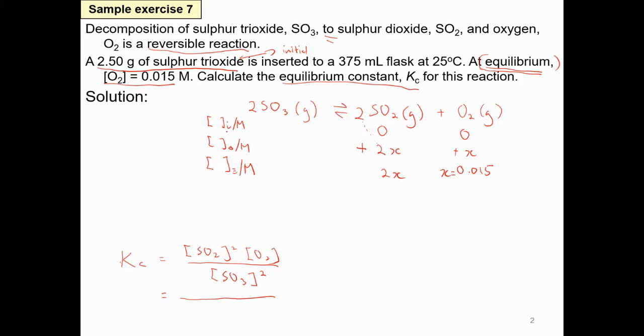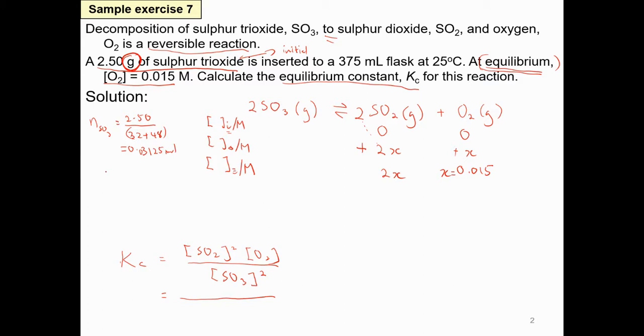For initial reactant, SO3, we don't have concentration because they only give us in gram. So now that means we need to change to mole of SO3: 2.5 over molar mass, 32 plus 48. So we will get 0.03125 mole.